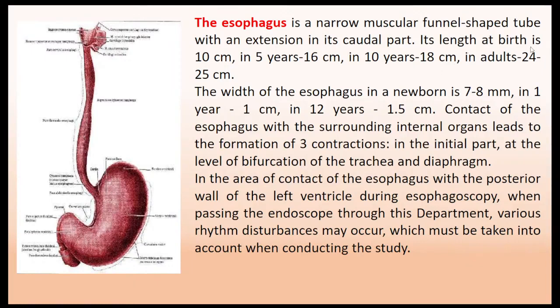Its length at birth is 10 centimeters. At 5 years old, nearly 16 centimeters on average. At 10 years, 18 centimeters. In adults, 24 to 25 centimeters. That is the length of the esophagus.